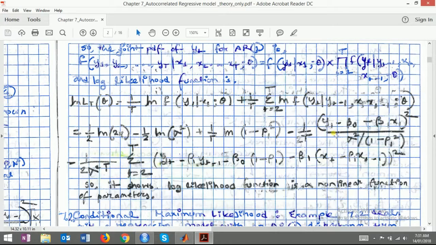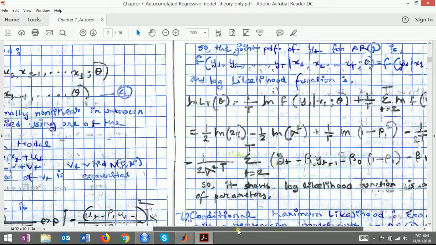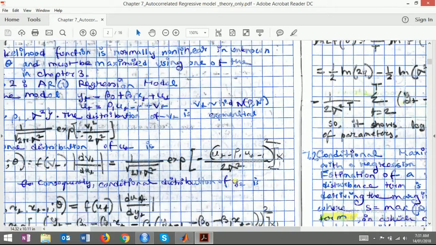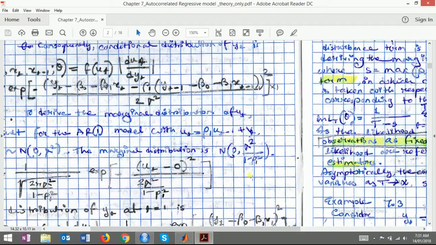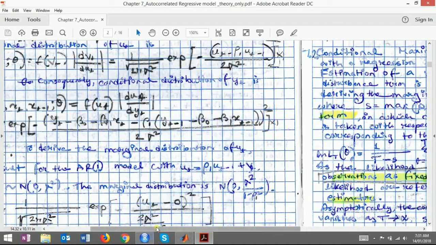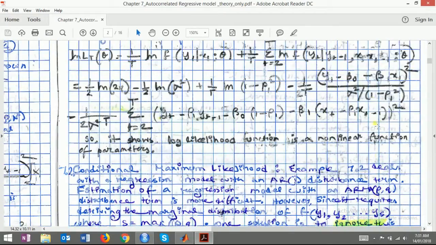First thing is first, 1 minus 2t is equal to, after that what we have is this portion. First we're gonna put this one, then we're gonna, because we're talking about the joint distribution, yt minus beta naught, this is the whole thing coming from the conditional, then this is coming from the marginal distribution, the whole part.